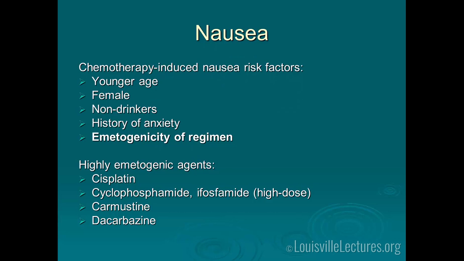Regimens that you might be thinking this patient has a high risk of nausea because of a high emetogenicity: cisplatin in higher doses, high doses of Cytoxan or ifosfamide, and these agents aren't used very much anymore, but they're still used occasionally for CNS tumors, carmustine and dacarbazine. So these are the agents that would make you stop and think, is this patient on a good prophylaxis regimen?